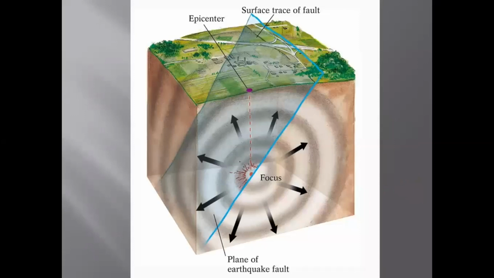We have a larger fault that is present in this area, and you can see that there is a focus and there was an earthquake. We call this point the focus, and exactly above that point on the surface, we call that place the epicenter. Now you can see that there is a highway passing through this area, and then there is a fault trace.